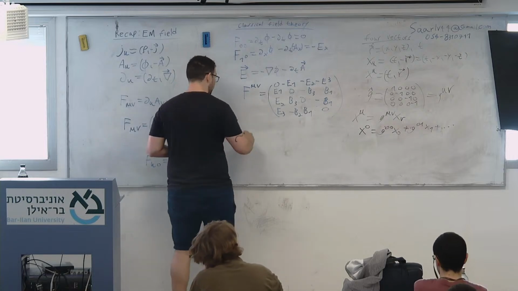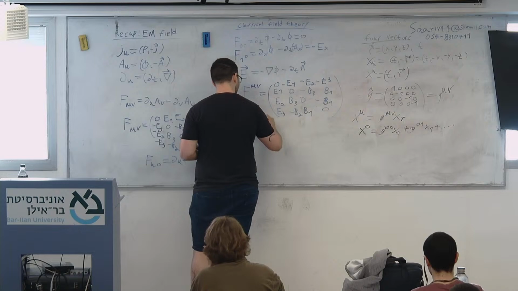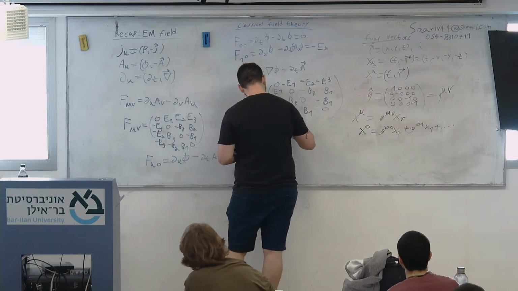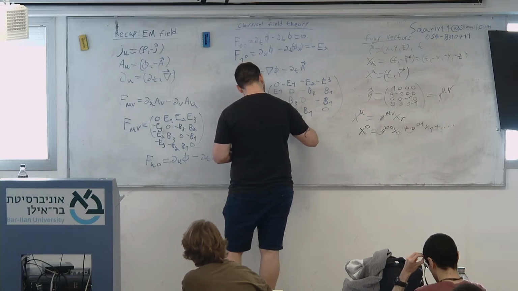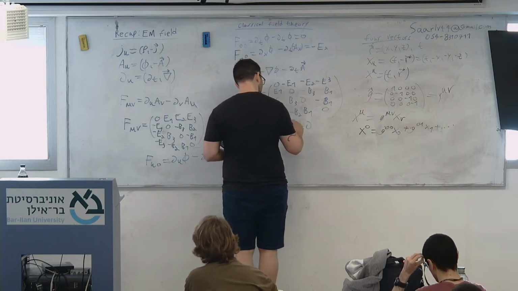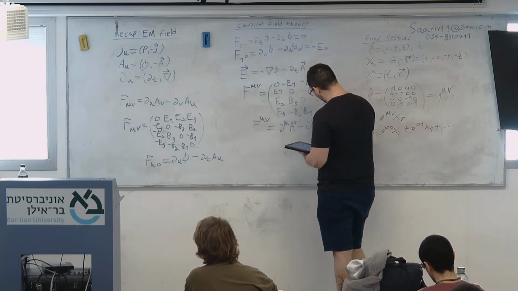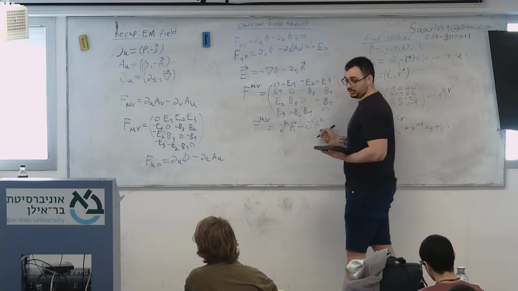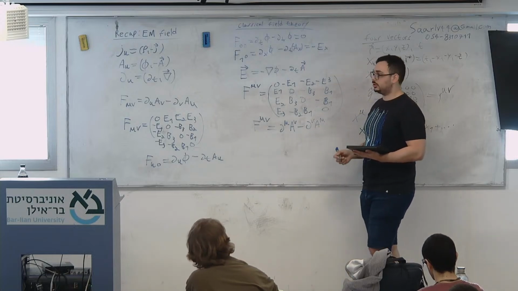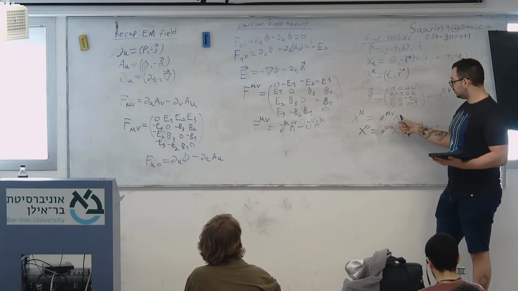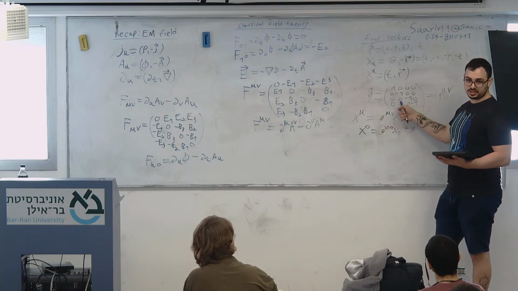The first way, you can just calculate it directly from the definition. Or we can do what we did before and try to move the indexes up.